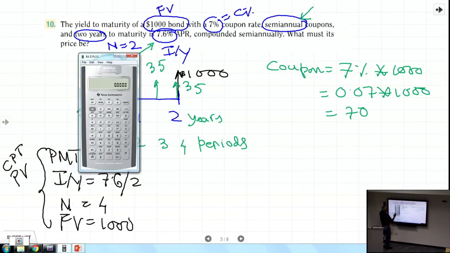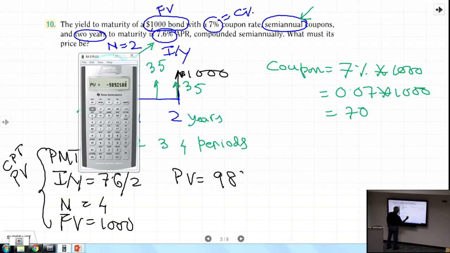So we go over here, we clear everything, second, clear TVM. 35 is our payment, 4 is N, 7.6 divided by 2 is 3.8, that's our IY. 1,000 is our future value. We compute present value, 989. So present value is 989, which means the price of the bond is 989.